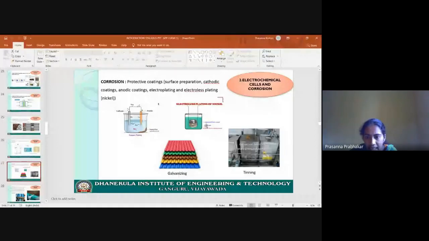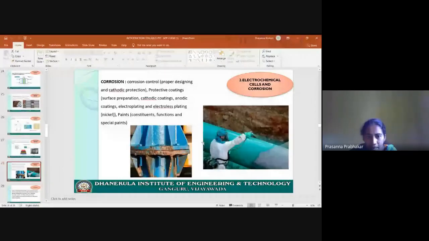These are all methods useful to prevent corrosion. Another method to control corrosion is paints. So here we may discuss many types of controlling or preventing methods, like surface preparation, anodic and cathodic coatings, electroplating, electroless plating, and paints. These are all the controlling or preventing methods. The total information will be discussed in further classes.